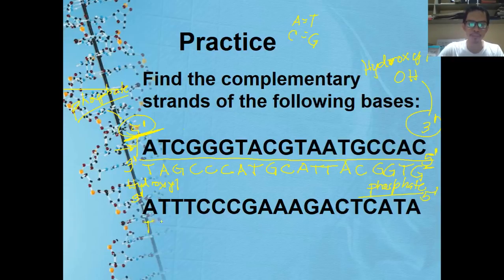We have T, A, G, G, G. We have C, T, T, T. We have C, T, G, A. We have G, T, A, and finally T. Now, let's take a look at the numbers. If this is 3 prime, then on this side it should be 5 prime. Now, if this is 5 prime, then this is 3 prime.